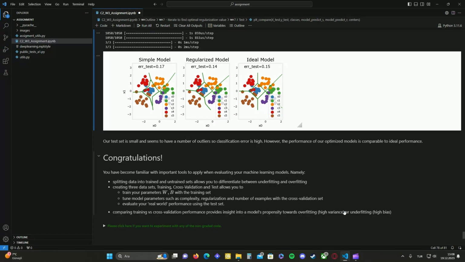Creating 3 datasets, training, cross-validation, and test, allows you to train your parameters W, B with the training set, tune model parameters such as complexity, regularization, and number of examples with the cross-validation set, and evaluate your real-world performance using the test set. Comparing training and cross-validation performance provides insights into a model's propensity towards overfitting, high variance, or underfitting, high bias.